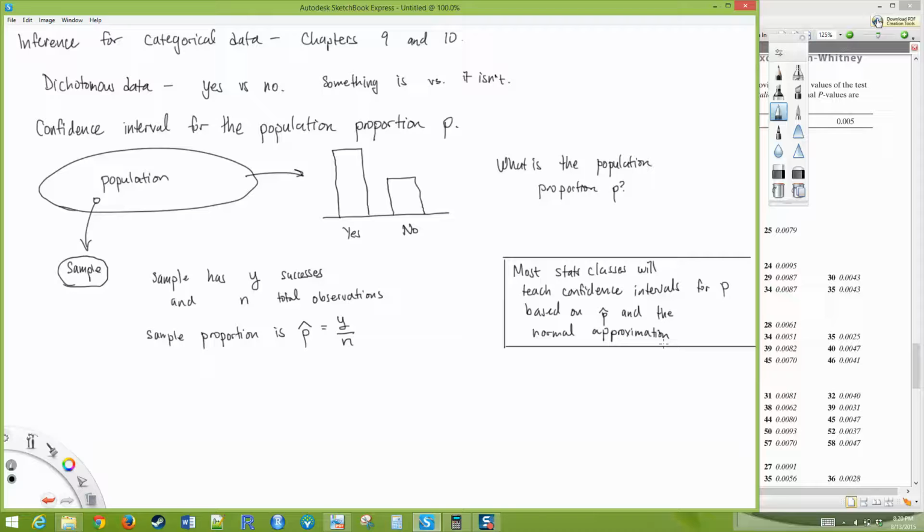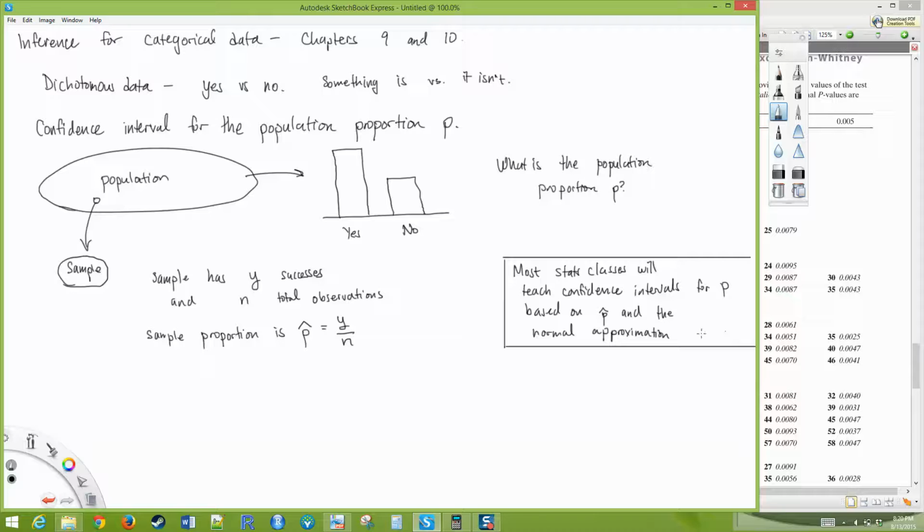Our textbook uses a slightly better method, one that produces perhaps more accurate confidence intervals at the expense of making it a tiny bit more complicated than the normal approximation.